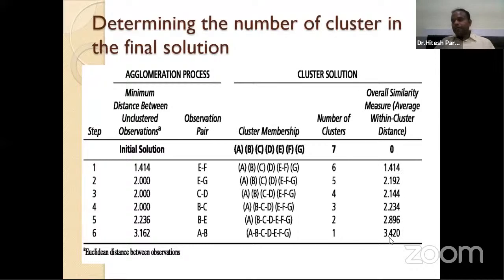This is the average distance. We have started with 1.41. This is the distance between E and F. Then you have combined one more observation, G. So the distance is becoming more and it becomes 2.19. So the overall similarity measure is increasing from 1.41 to 2.19.